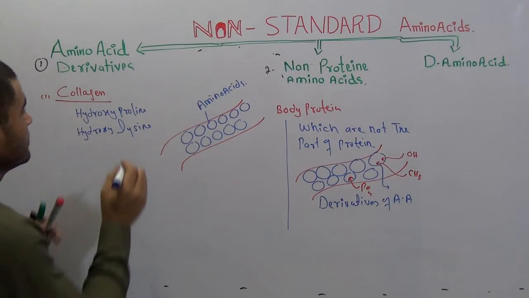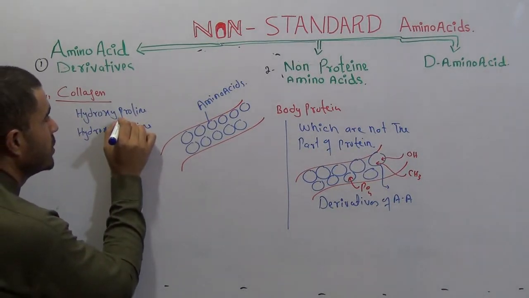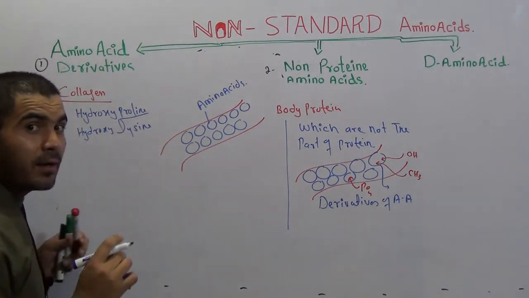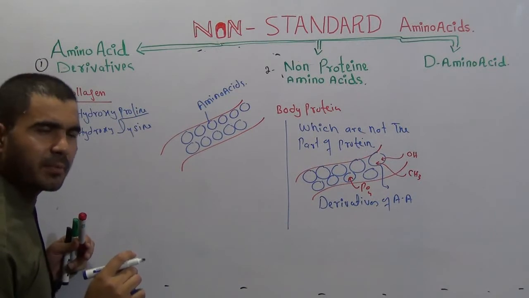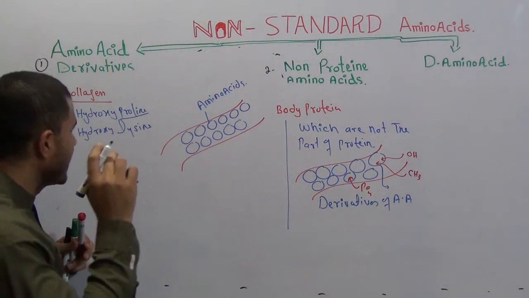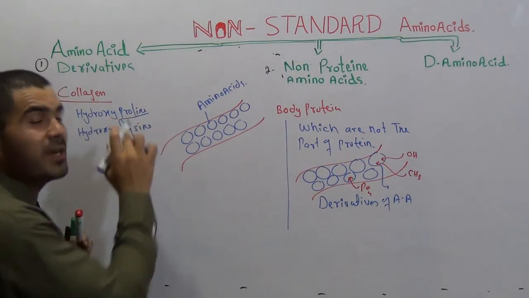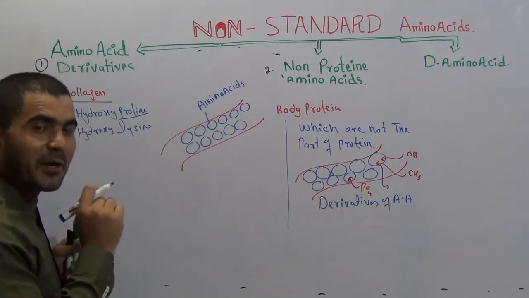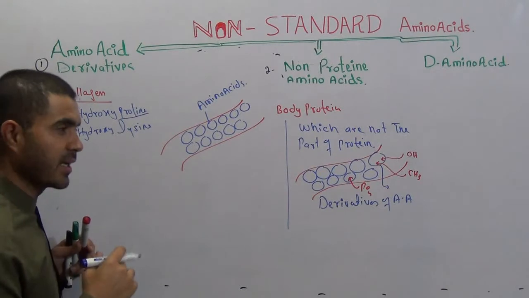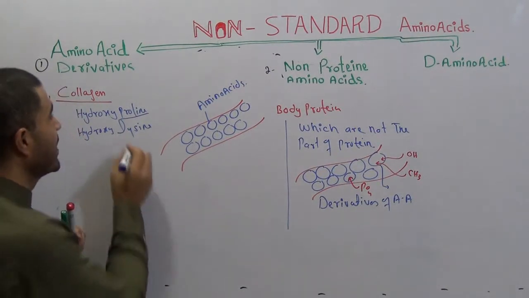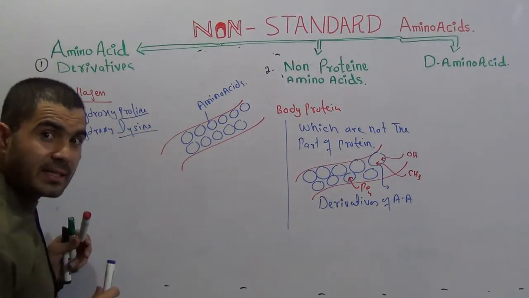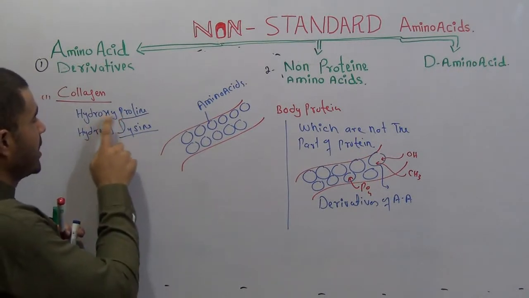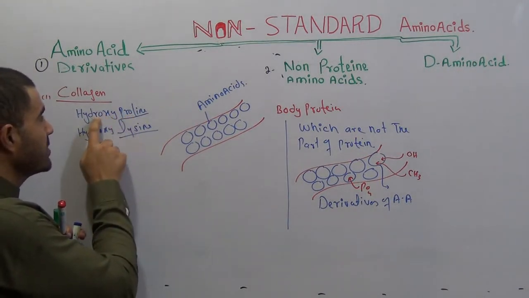Those students who have learned the structure and names of the standard amino acids will recognize that proline is a standard amino acid. I will say yes, you are right. And lysine is also a standard amino acid. What happened in proline? There is an OH group.